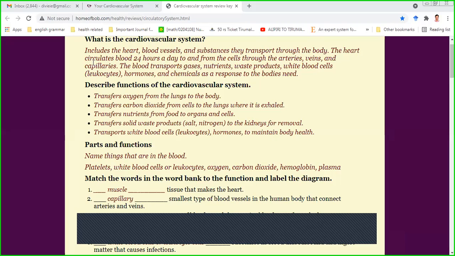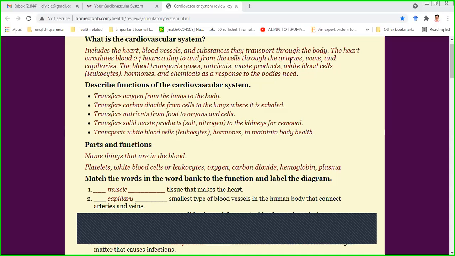The heart circulates blood 24 hours a day to and from the cells through the arteries, veins, and capillaries. The pipelines which connect the heart to the other parts of the body, and from the other parts of the body to the heart, we call arteries, veins, and capillaries.